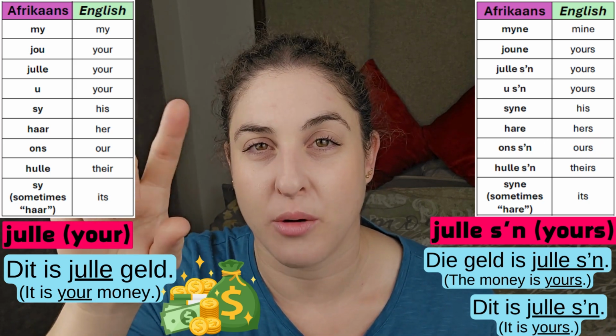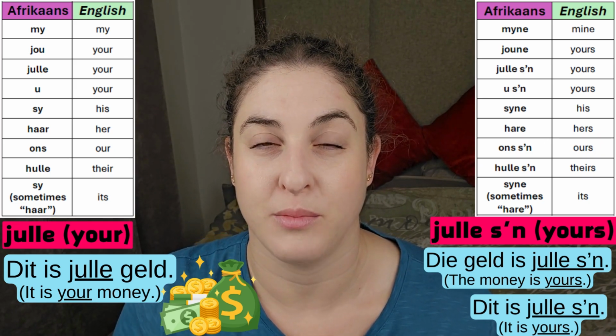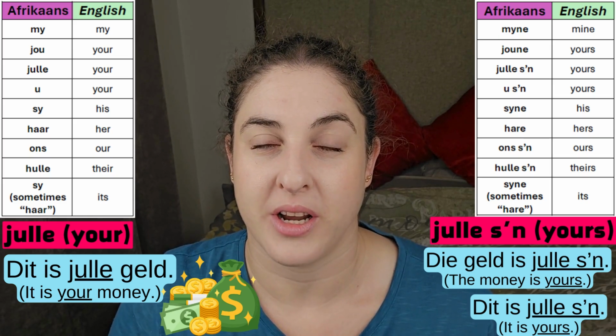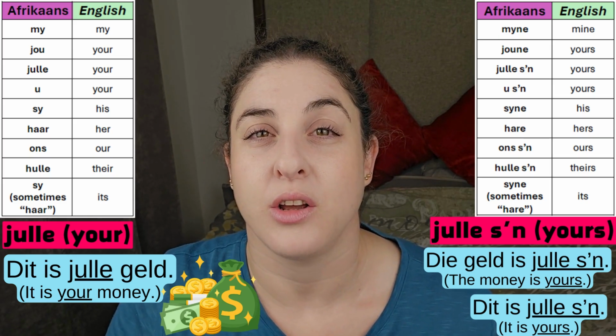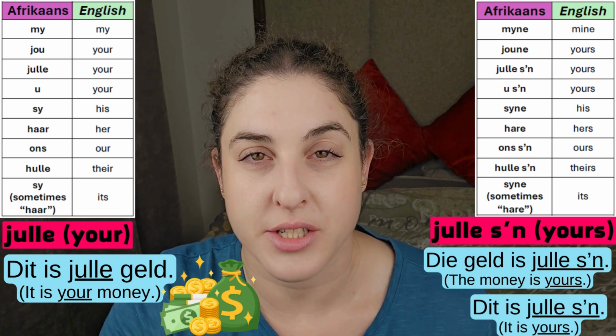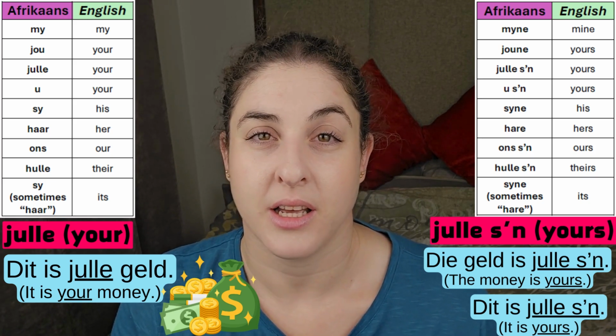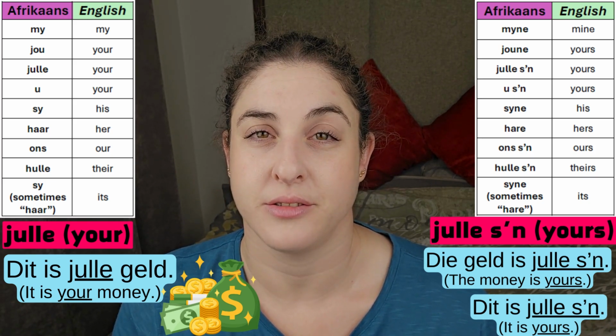This 's-n' is pronounced the same way, "sin". Learn those ones. All right, so "julle sin", yours. "Die geld is julle sin." The money is yours. Or simply, "dit is julle sin."